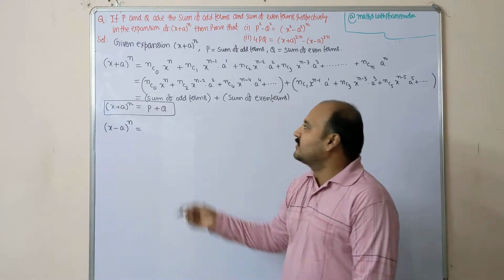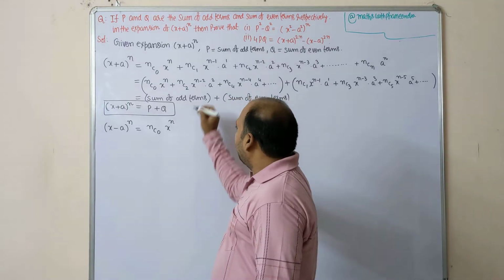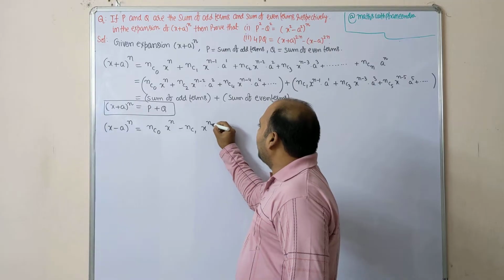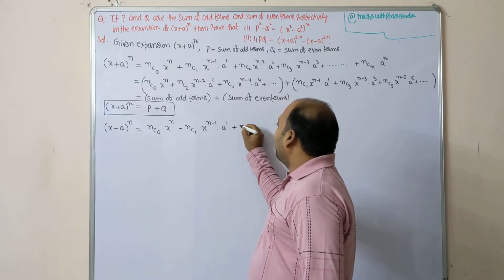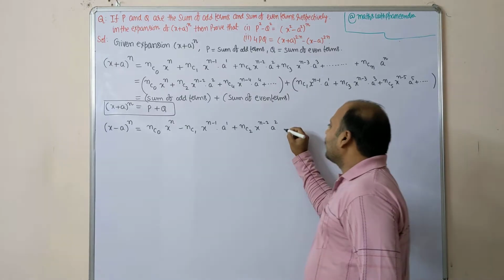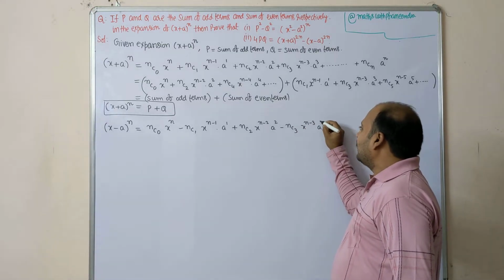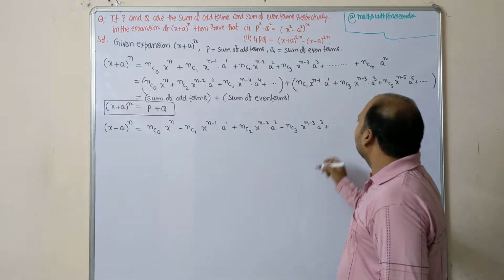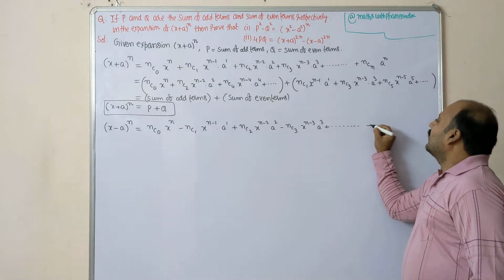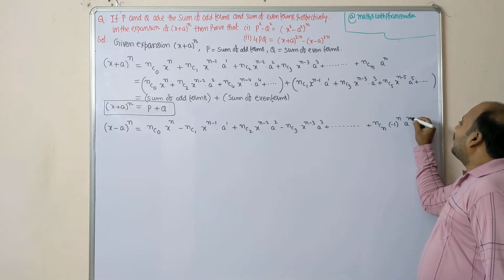First you write it, dear students. nC0 x power n minus nC1, alternately we are getting plus and minus, x power n minus 1 a power 1, plus nC2 x power n minus 2 a power 2, minus nC3 x power n minus 3 a power 3, plus and so on, plus nCn (minus 1) whole power n a power n.